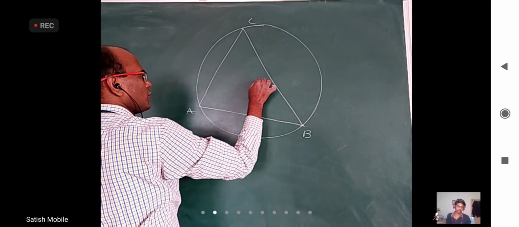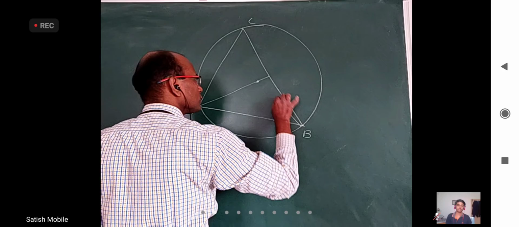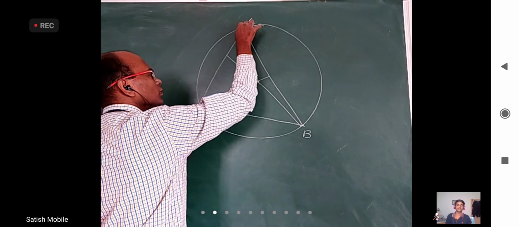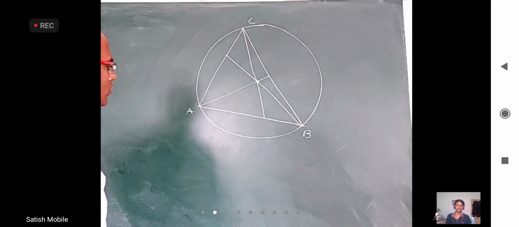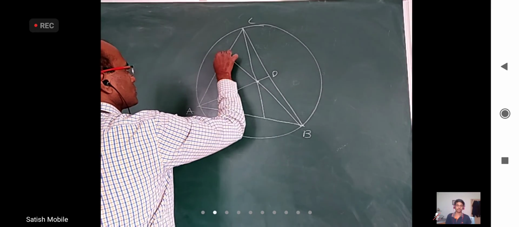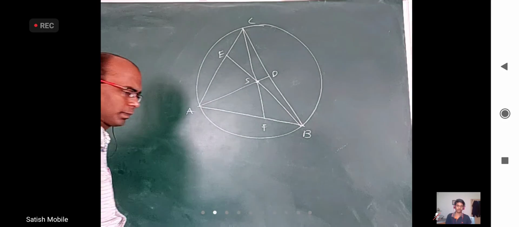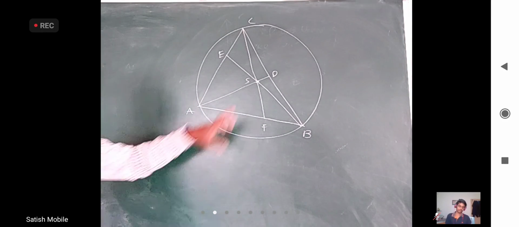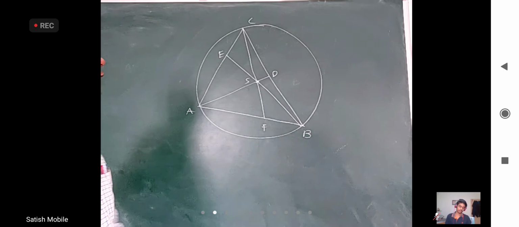I have to join this to circumcenter and extend it. This is D, this is E, and this is F, and this is circumcenter S. If I want to find circumcenter formula this way, I have to know what is AF is to FB.